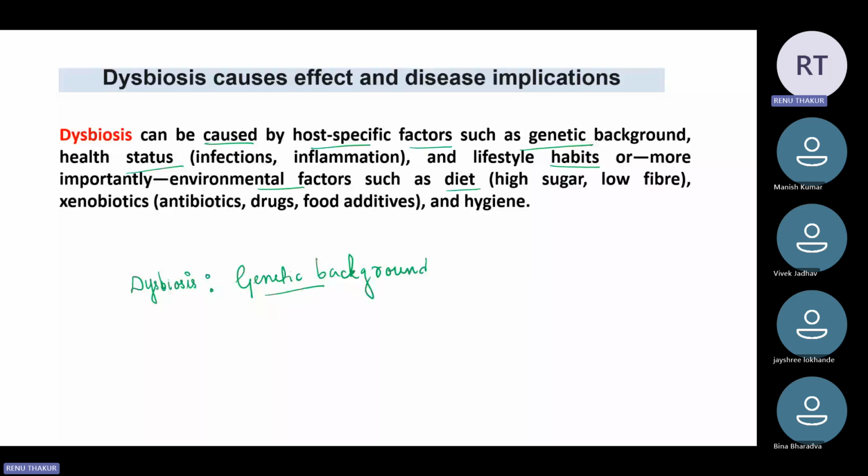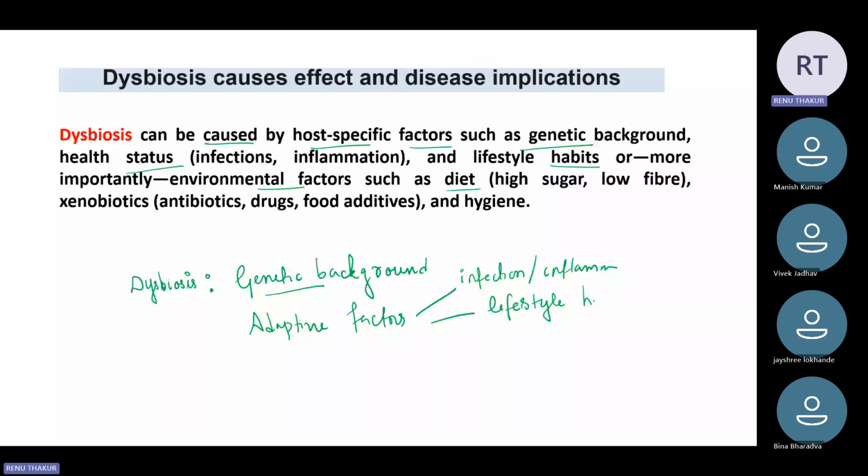Now, apart from the genetic background, there may be some adaptive factors. In adaptive factors, there are so many, like if you are facing any kind of infection or inflammation, and adaptive factors are all about our own lifestyle habits.